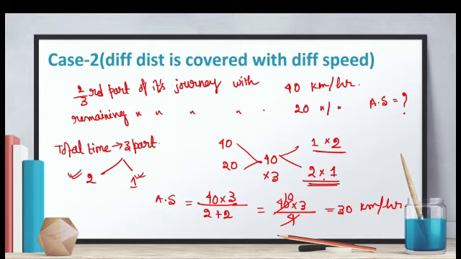So that's why this 2 will be multiplied with this timing, and the rest of the part, that is 1 part of its journey, it travels with 20 km per hour. That's why this 1 will be multiplied here. As the total time is 3 part, this 3 will be multiplied with 40. So average speed is 40 into 3 upon 2 plus 2, which is equal to 30 km per hour. Okay.